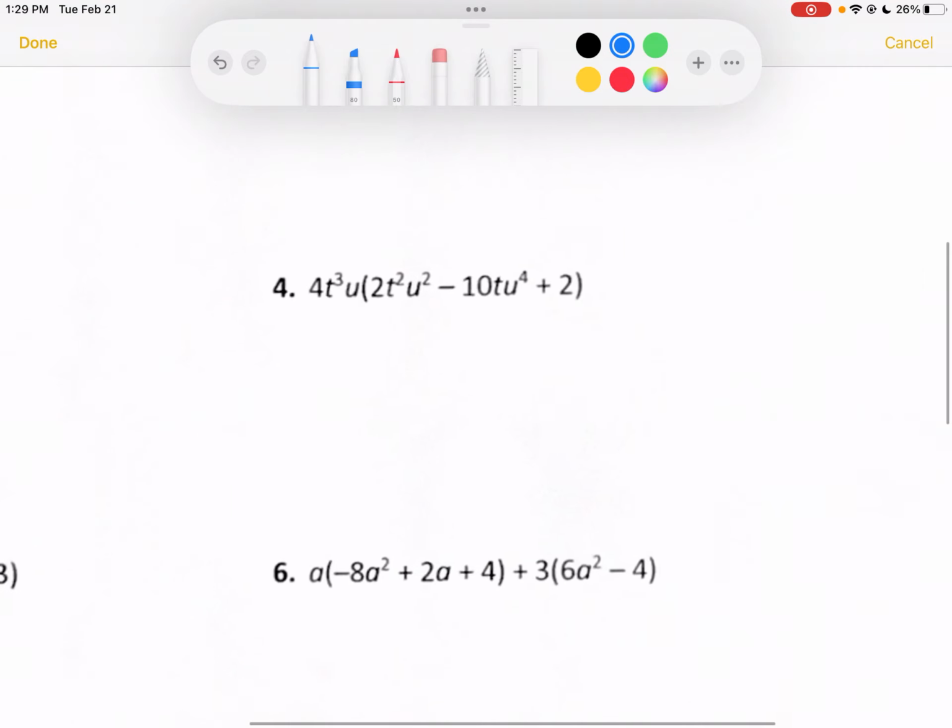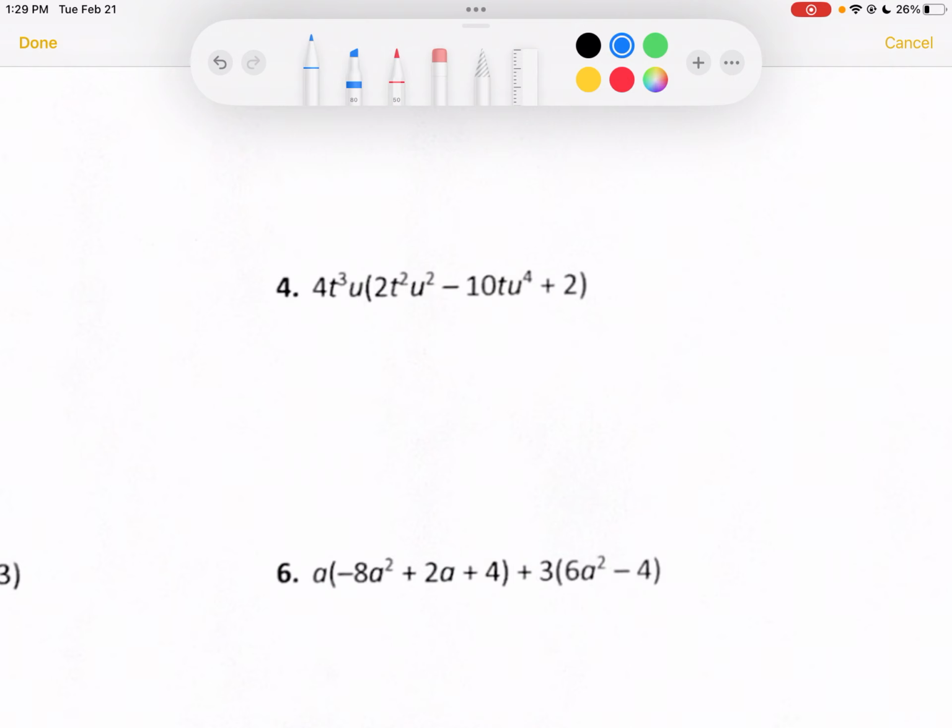Number 4 gets a little more complicated. I'm going to take 4 times 2 first. 4 times 2 is 8. Now I have to multiply each little part. T to the third times t to the second, I'm going to add those exponents, so that's going to turn into t to the fifth. And then u to the first times u to the second, that's u to the third.